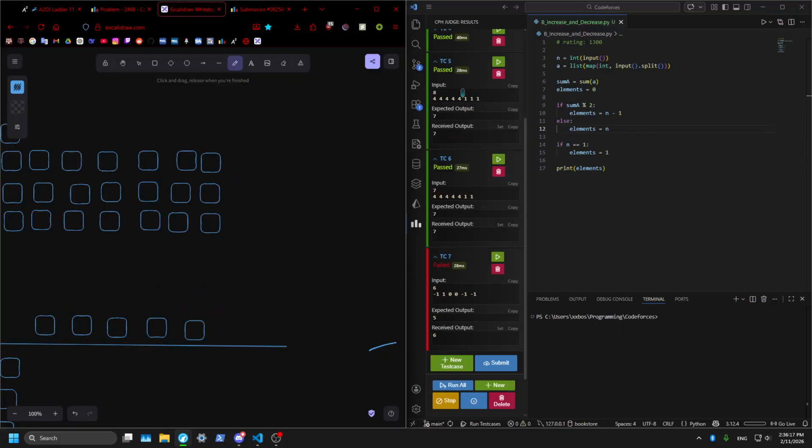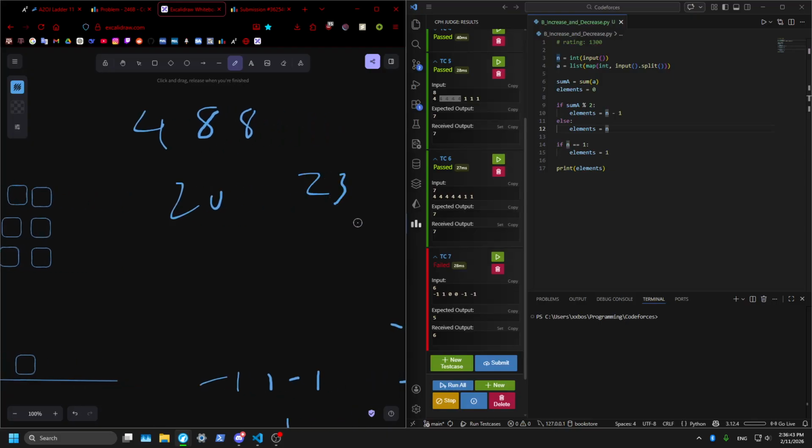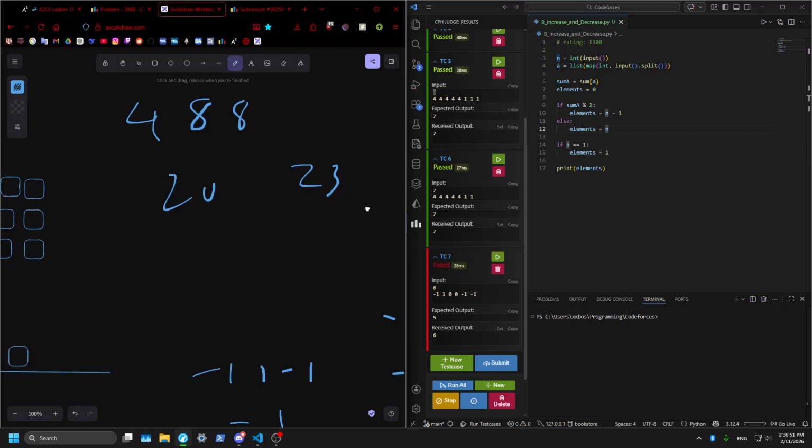Cases like this where it's sum 8, 8, is 23 is not divisible by 8. We only make 7 groups.